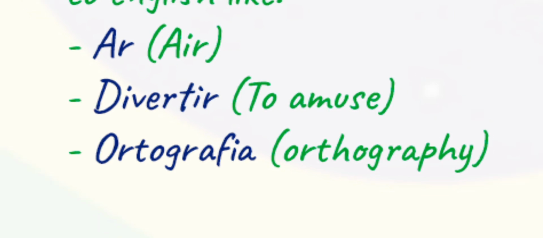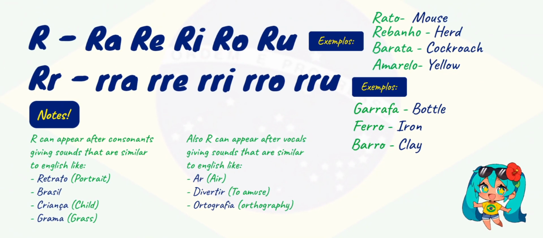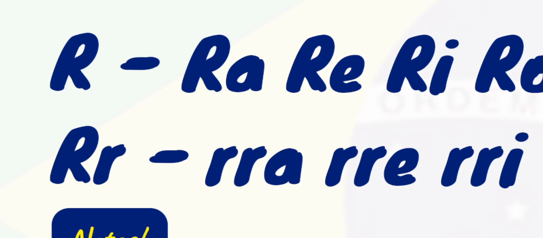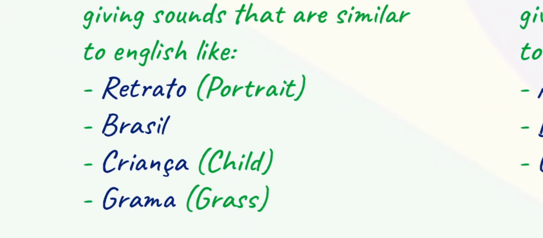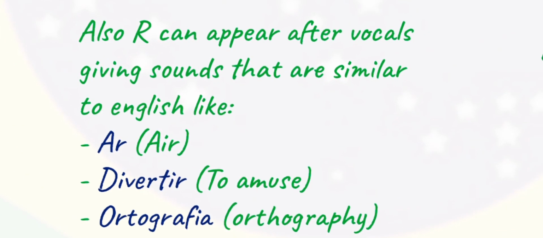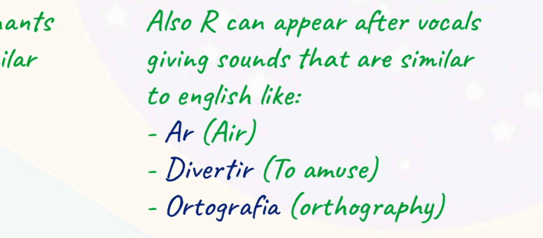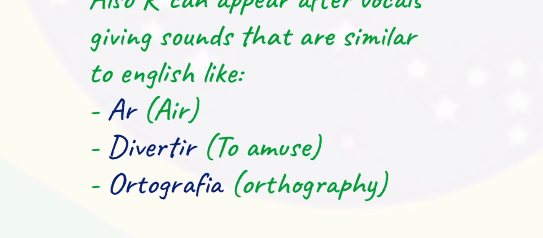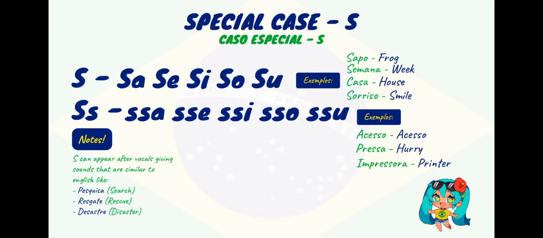I chose this word because it has the R giving sound after a vowel, or, and also the R giving sound after a consonant, grafia, like grama. So, in short for R, quickly remember: R at the start of words, ha; R between two vowels, ra; RR between two vowels, ha; R after consonants, tra, Brasil, criança, grama; and R after vowels, ar, ir, or.